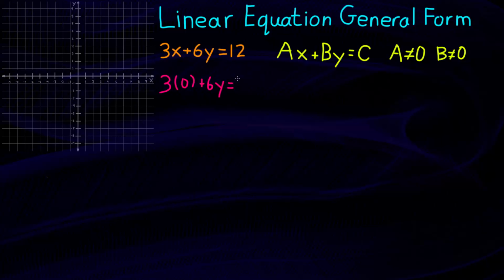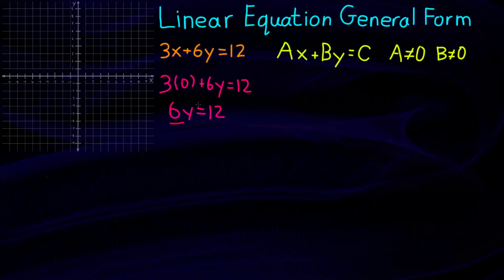If we rewrite this equation, we've got 3 times 0 plus 6y equals 12. That makes this pretty easy because this whole term is now 0, and now we just have 6y equals 12. If you remember from before, we isolate away any constants.